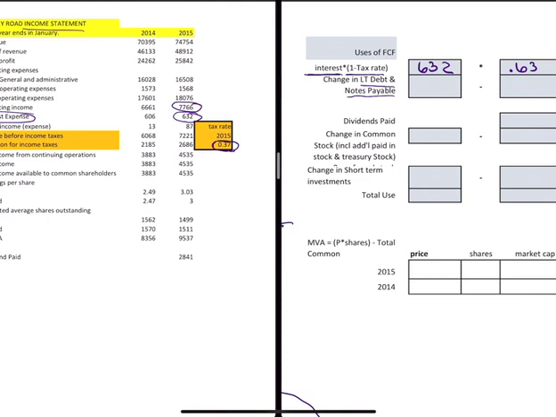So we're going to take their long-term debt and notes payable from the previous year, 2014, and then take the value from 2015 to see if they took out more debt or if they paid off their debt.